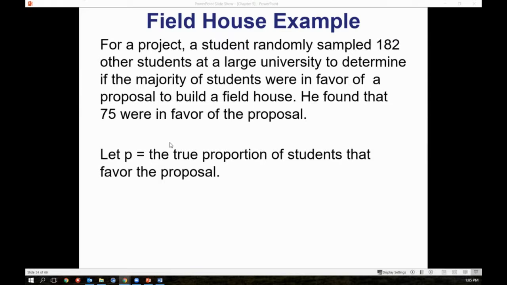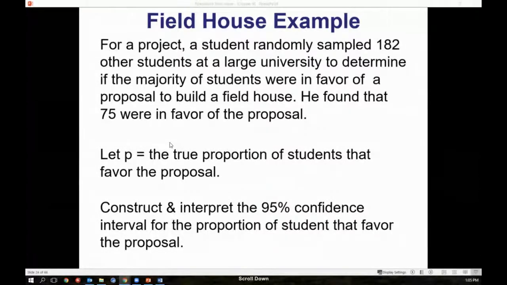He found that 75 were in favor. So if we let p be the true proportion of students that favor the proposal, then we want to construct a 95% confidence interval for the proportion of students that favor the proposal.